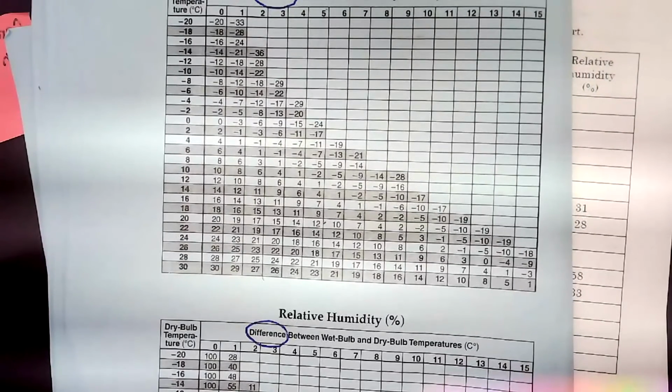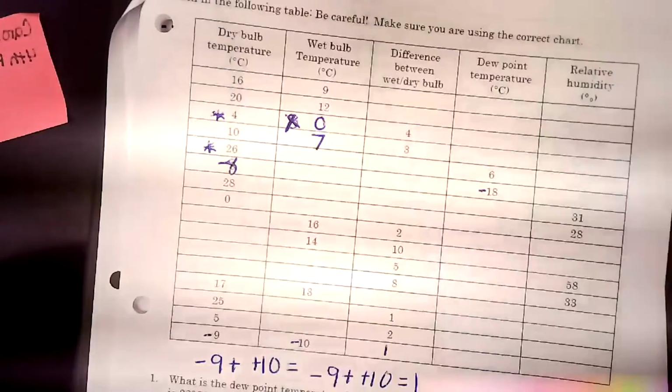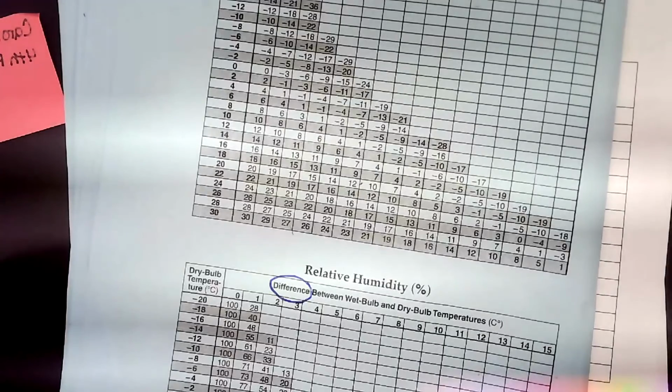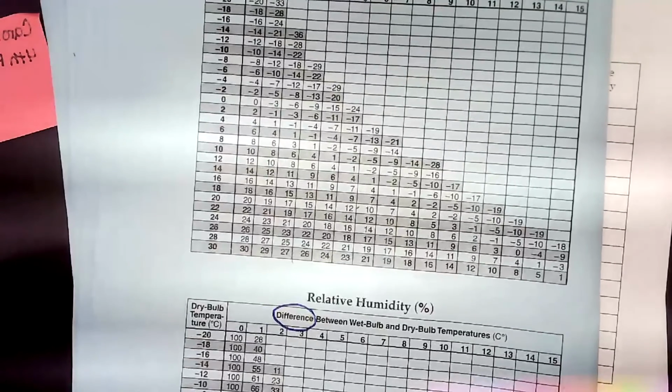So now I go with what they gave me. They gave me a dry bulb of 26, right? Here is the dry bulb of 26. Is that what they gave me? I can't remember. 26 and then a dew point of 6. How can I find any of the other numbers? Go over, find the 26, go over till you get to 6.